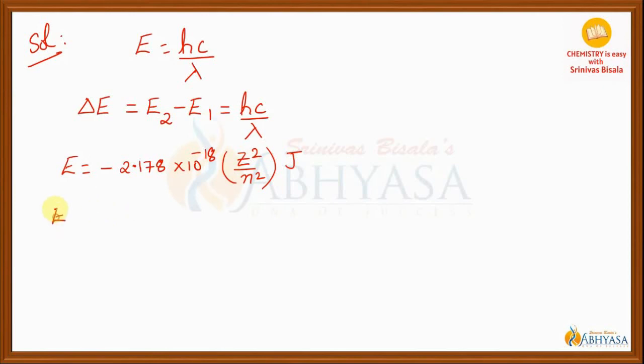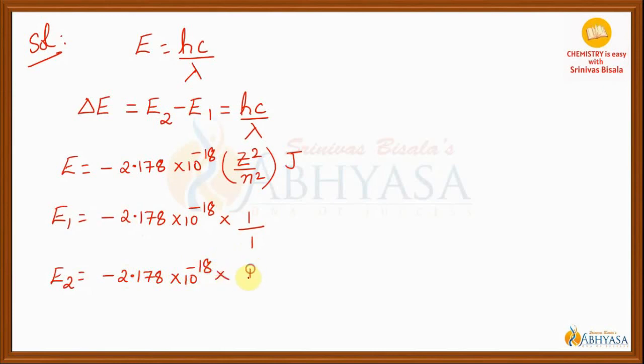So, for first orbit, the expression is minus 2.178 into 10 power minus 18 into 1 by 1 square, that is 1. And for the second orbit, it is equal to minus 2.178 into 10 to the power of minus 18 into 1 by 2 square, that is nothing but 4.